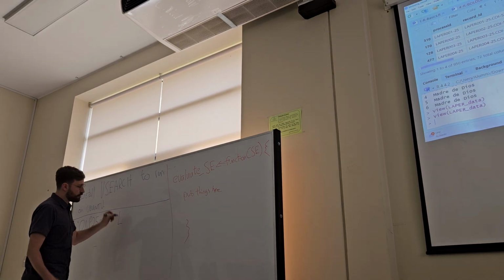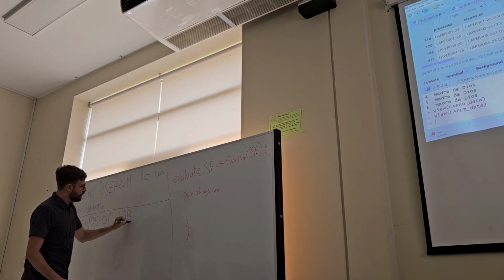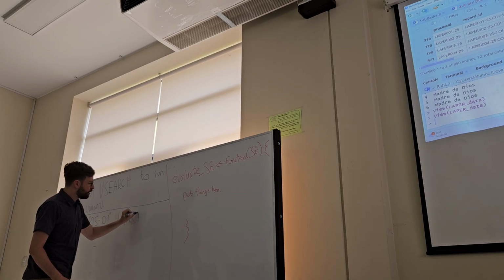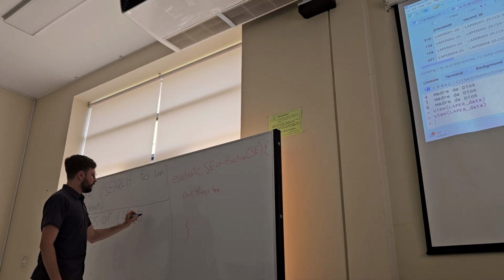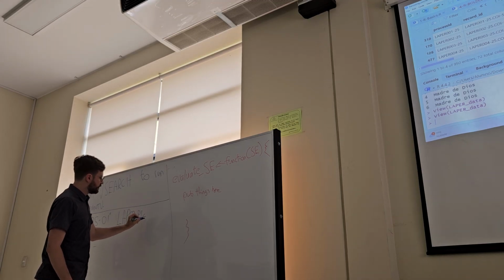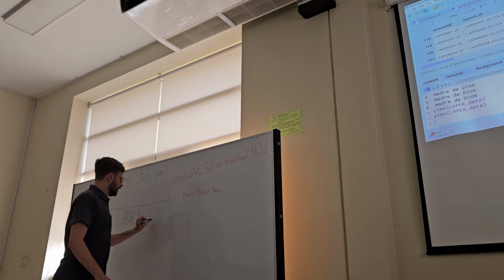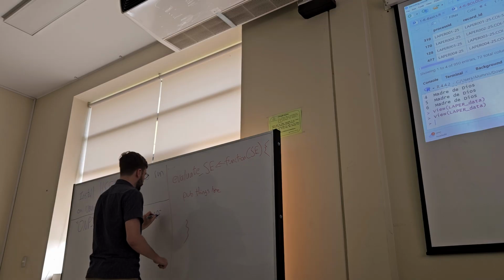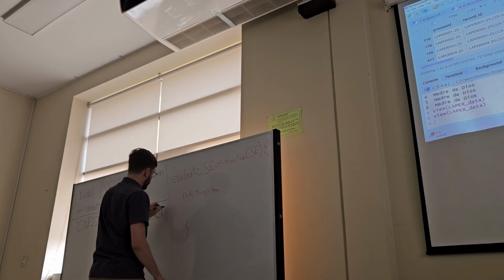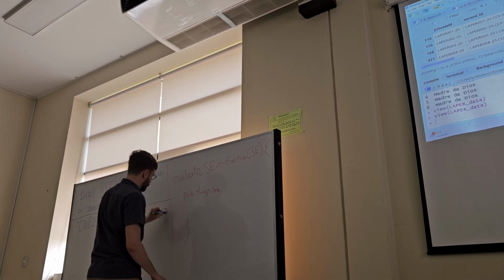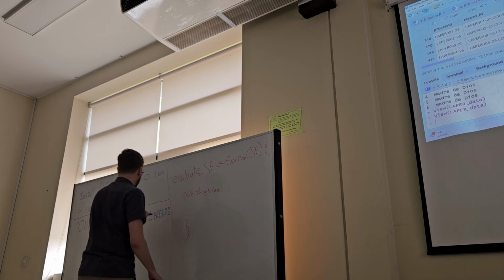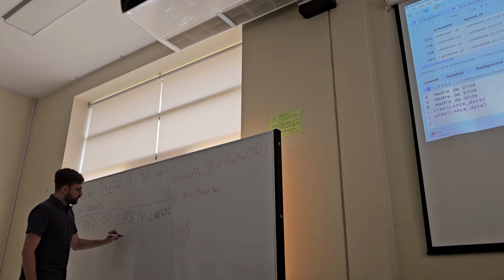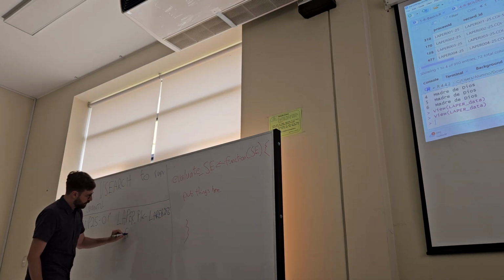You can make whatever name you want, just remember you have to keep track of it. LAPER, maybe P1 for plate 1. I can do it the proper way: LAPER, then we'll pipe, then we'll filter, like yesterday, okay?